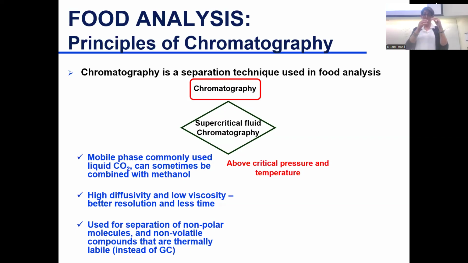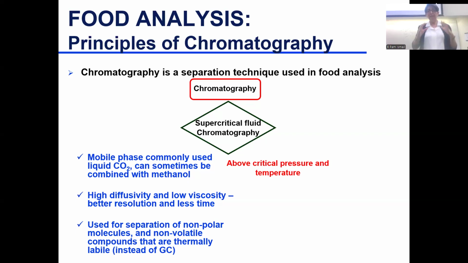So it will have the characteristics of a liquid, but it is much less viscous than the actual liquid, and it has high diffusivity, meaning the components in your sample can move in and out very, very easily.